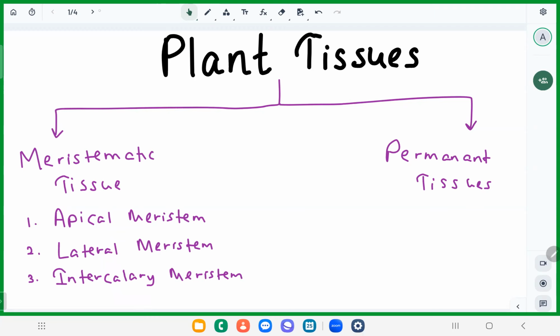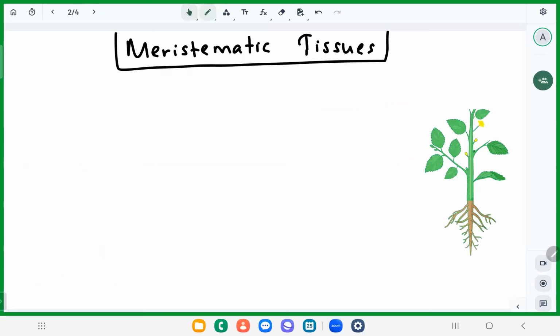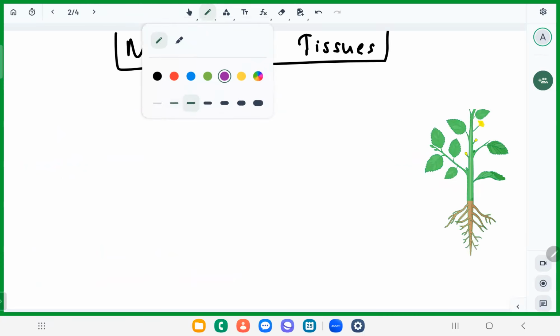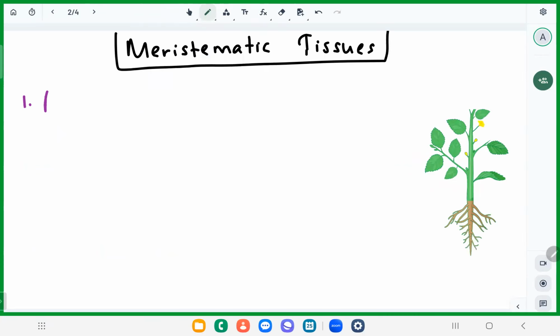All right, so let's start off with our first type of meristematic tissue, which is the apical meristem. From the word apical meristem itself, you can understand that this meristematic tissue is somewhere in the apex of the plant.